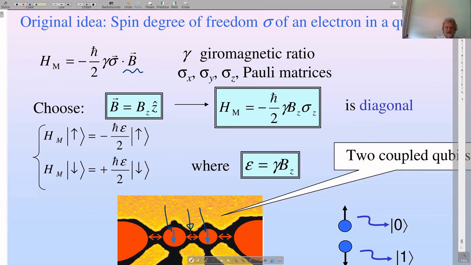So what is the idea here? I guess I have something on this transparency which I'm not showing, or is it the next transparency?